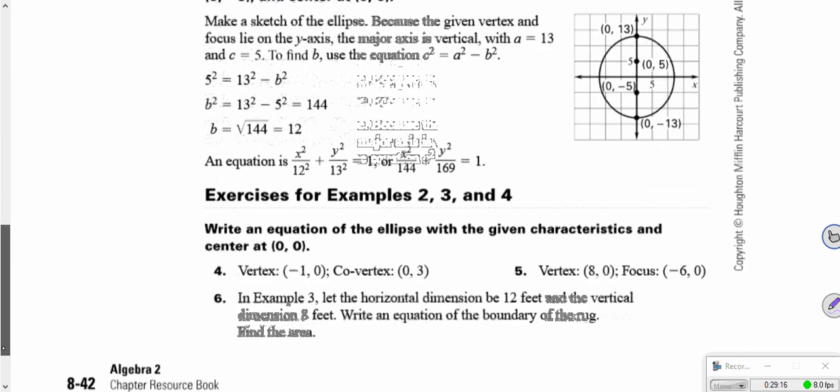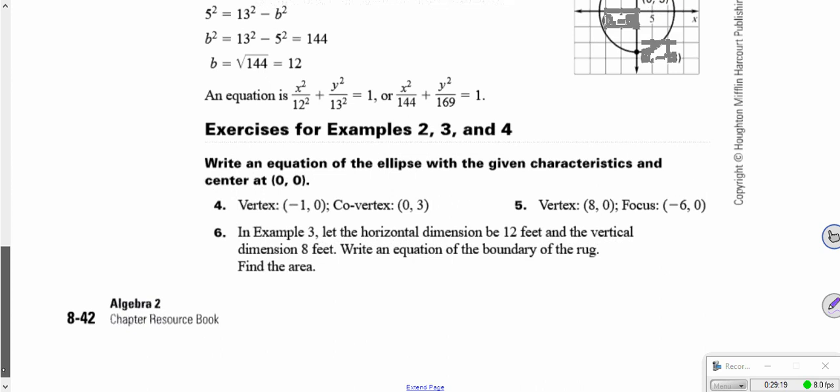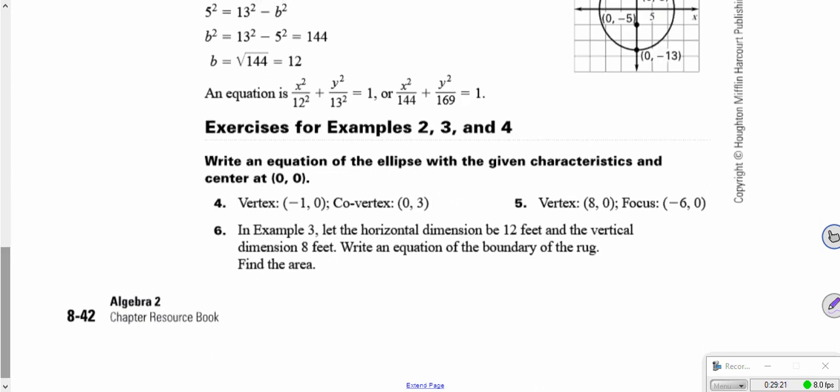Let's look at 4 and 5. It says, write an equation of the ellipse with the given characteristics and center at 0, 0. Okay, vertex and co-vertex. Once again, this vertex is my A. This co-vertex, this is my B. Okay, this A is on the x-axis, so that's going to be my major, because the vertex is on the x-axis.